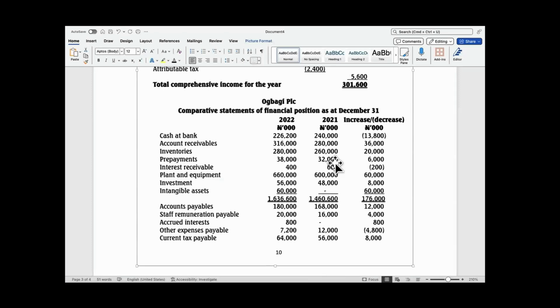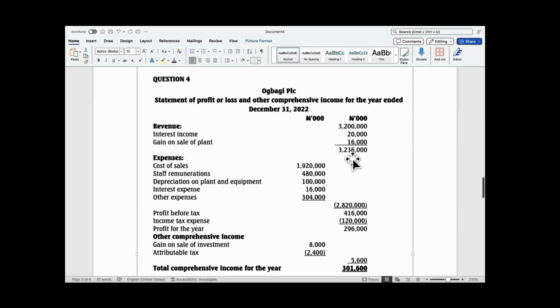In 2021, it was 600. In 2020, it was 400. See that in this case now, this was a decrease. If I don't want to go through that long route, this 200, that was a decrease, I will have actually added it back to this 20,000. I will just add it back, correct? That's the fastest way. If you can master that, it's better.